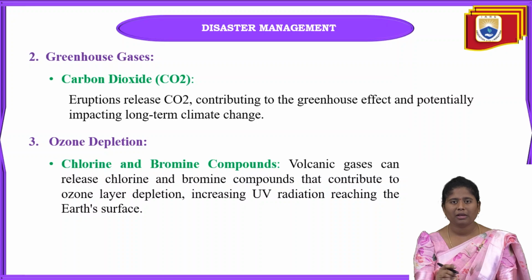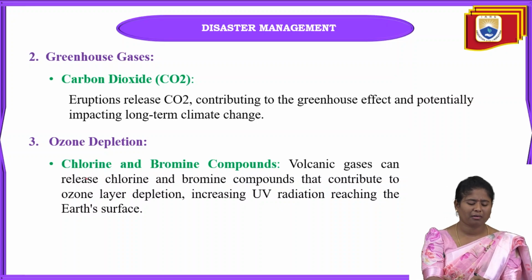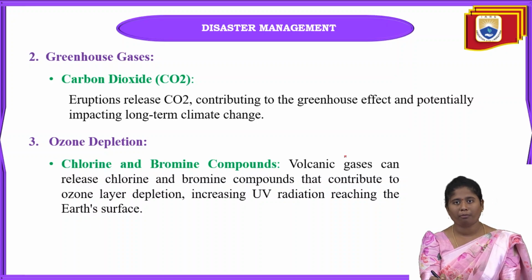So we can't allow this ozone effect because of these volcanic gases. When volcanoes erupt, they automatically release many gases, and other than sulfur dioxide and carbon dioxide, chlorine and bromine components will be there.